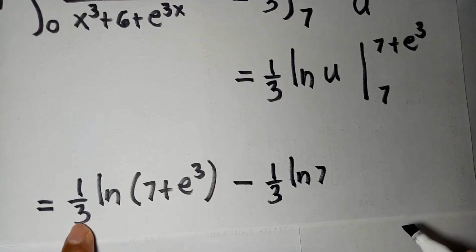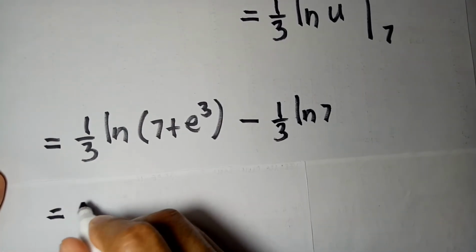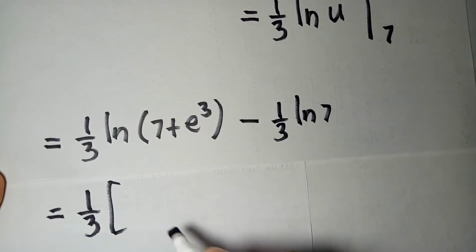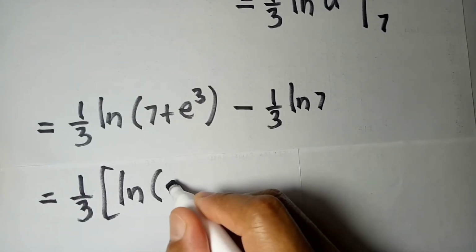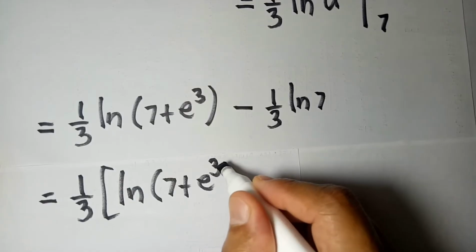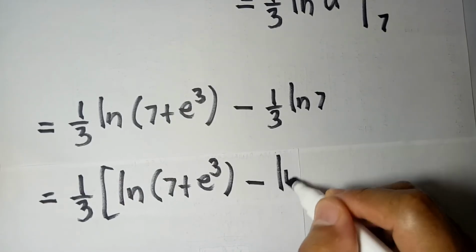So there is a common factor 1/3, so, lalabas natin. So, 1/3 and then times ln of 7 plus e cubed and then minus ln of 7.